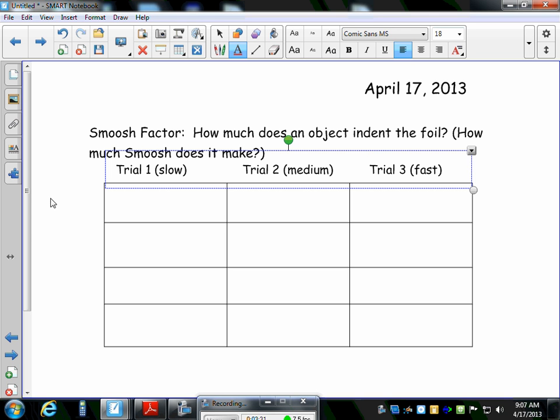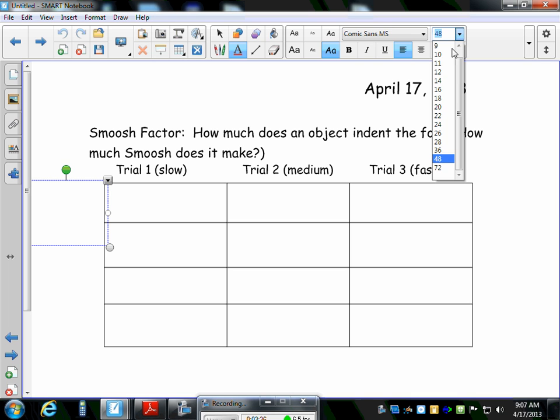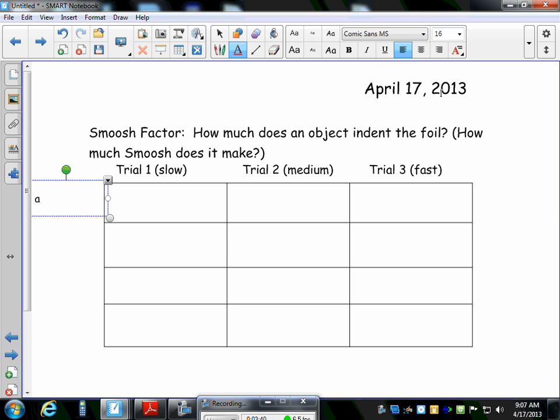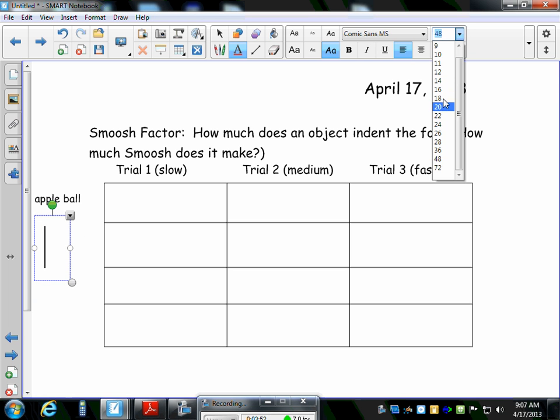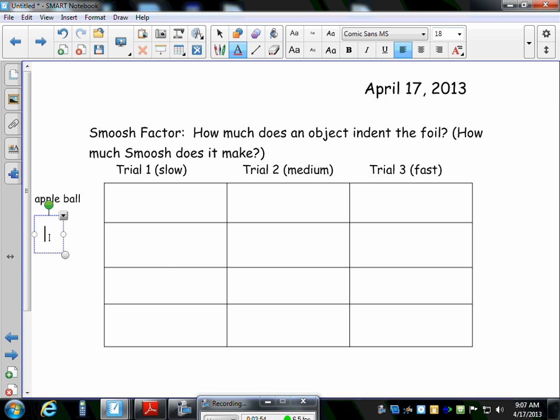And then down the side, we're going to be writing the objects. So the first object is an apple ball. It's just a squishy ball that looks in the shape of an apple. The next is going to be the yellow squish ball.